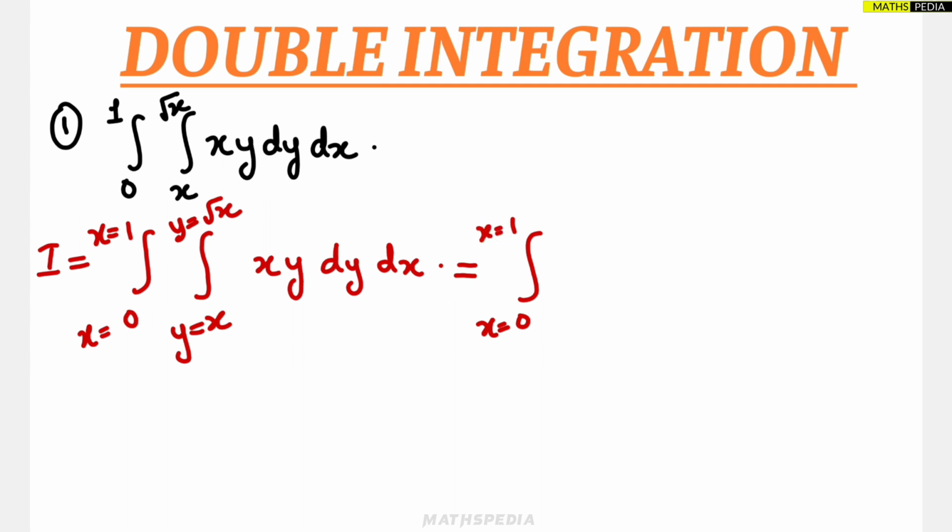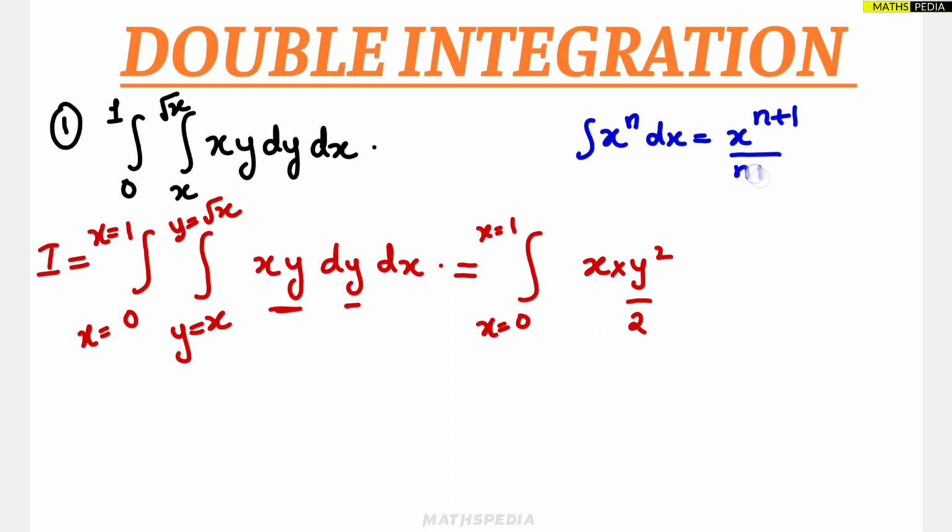The internal part we are going to integrate: xy, where x is a constant term because we are integrating with respect to y. Next, y integration will be y square by 2. How did I get this? We have to remember one formula: integration of x power n dx is equal to x power n plus 1 by n plus 1. This particular thing you have to remember. The same thing has been applied here, so y will be y power 2 by 2.